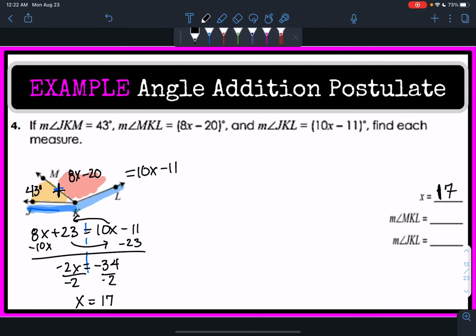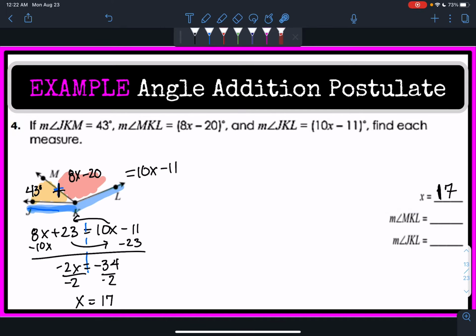So there, we found that the value of x is equal to 17, and we can now use that information to figure out the measurement of the following two angles, MKL and JKL. We'll start with the top one.